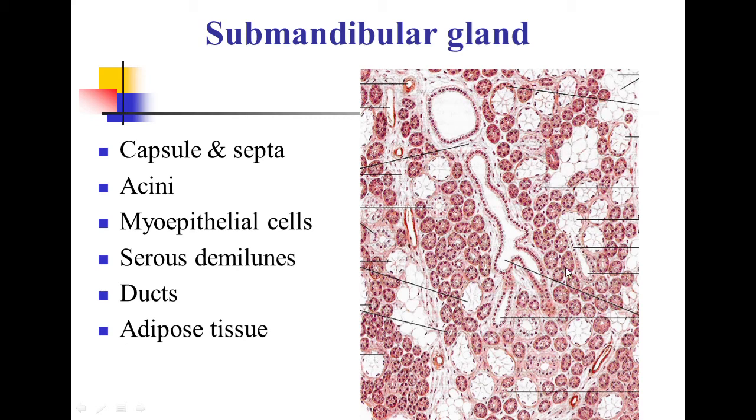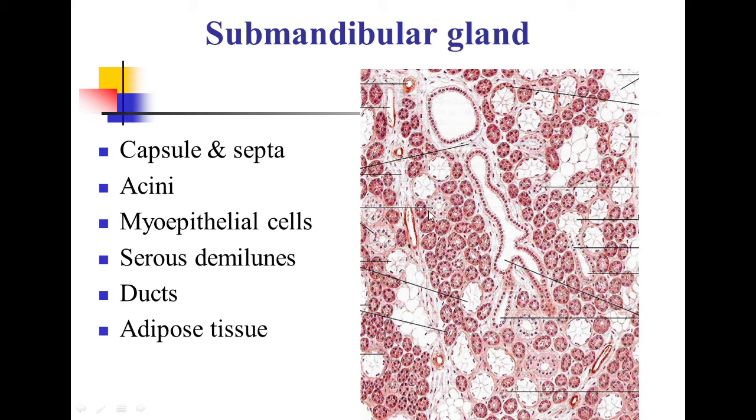Then in addition to the acini, there are ducts. So here you can see the duct. This is the striated duct. So in mixed salivary gland, you can see both the serous acini and the mucous acini.